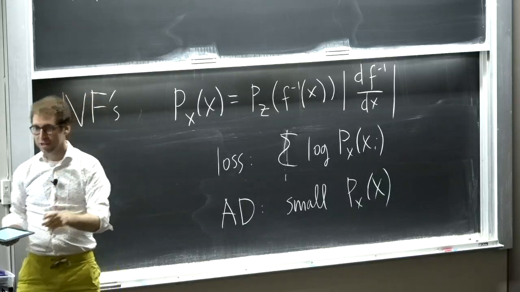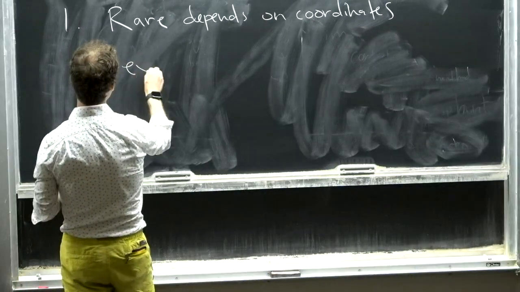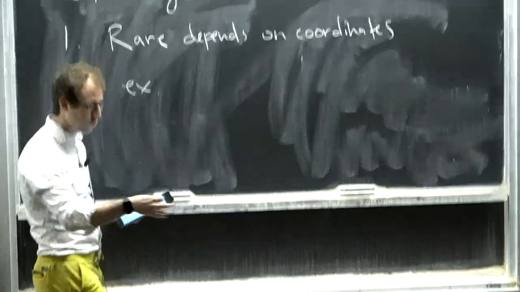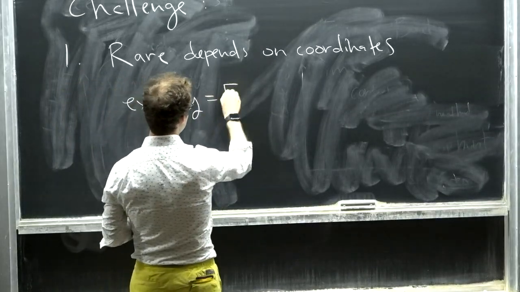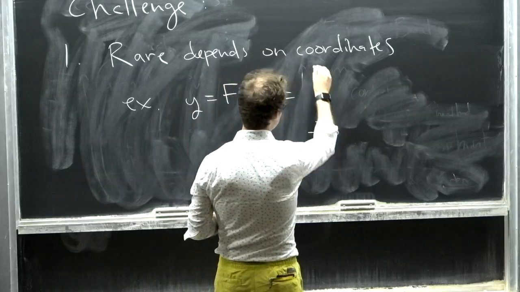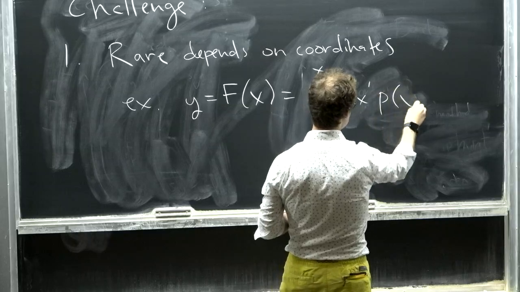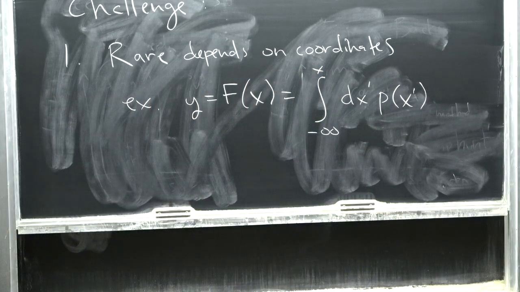Just to illustrate this explicitly, let me give you the most pathological example. Let's say I have some coordinates x, and I want to transform the coordinates into y. Let's say I have this particular variable transformation.